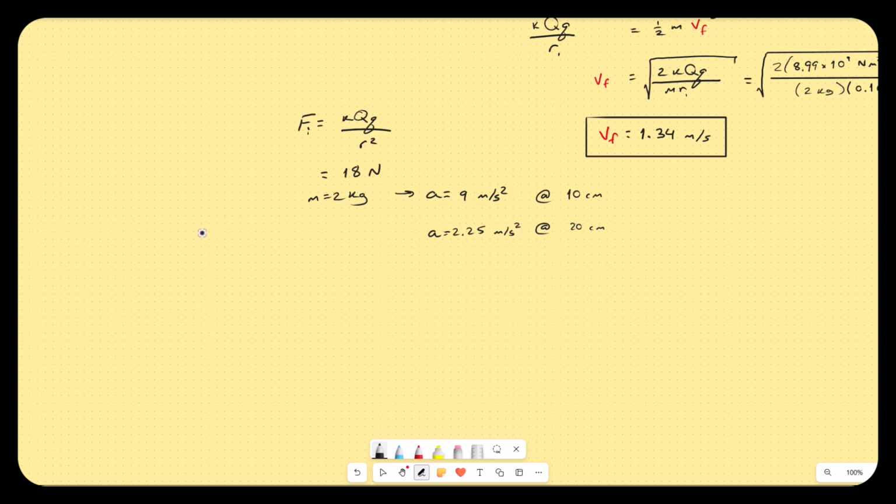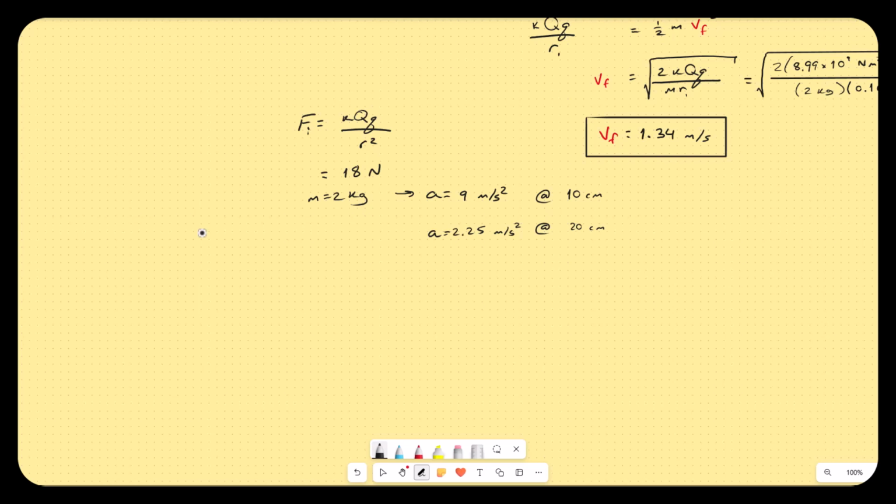We can't use our regular old kinematic equations because those were good for constant acceleration. This is more like the gravitational acceleration, the G M M over R squared type of force, or even springs. We have to do this a different way.